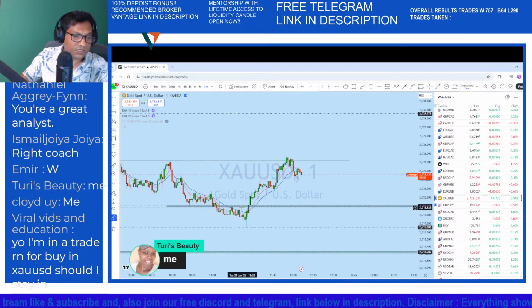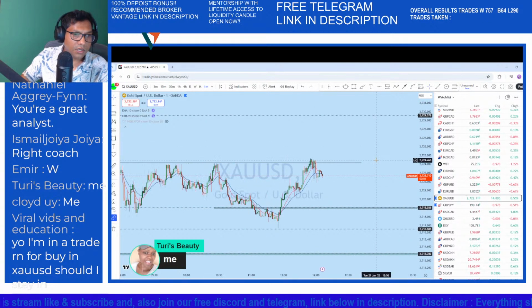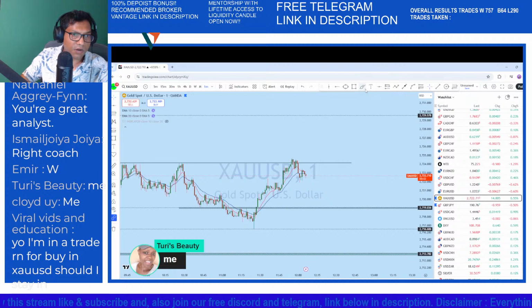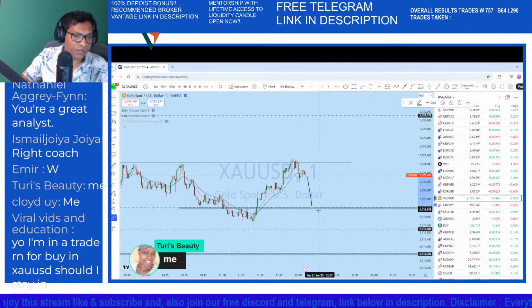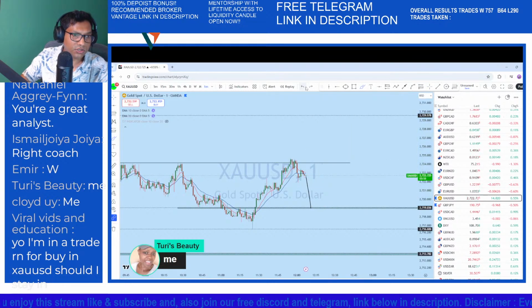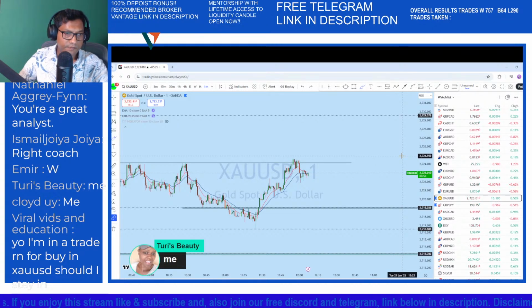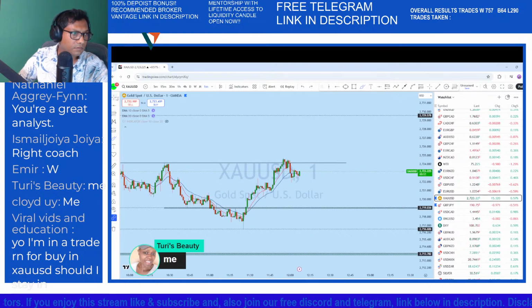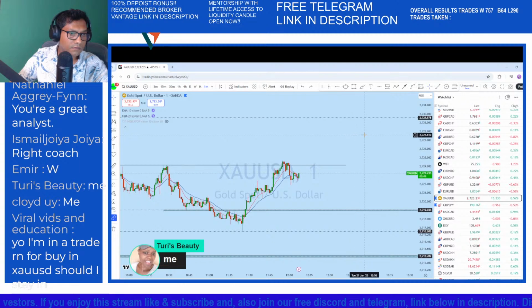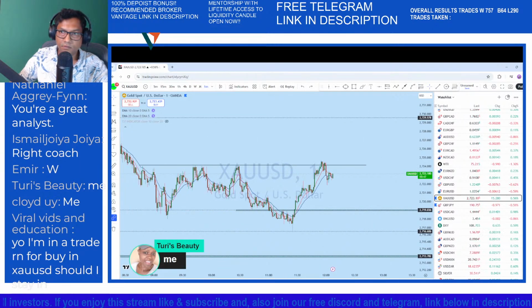So this is a resistance here, a bounce, and expecting this market to drop here to retest and then continue to rise to create a new higher high.